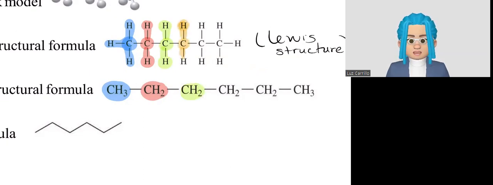Next, we have another CH2. We have another CH2. And then we have a CH3. So as you can see, the condensed formula is just a Lewis structure in which you bring in the hydrogens that are attached to carbon.